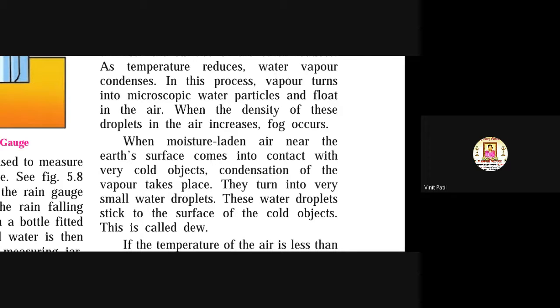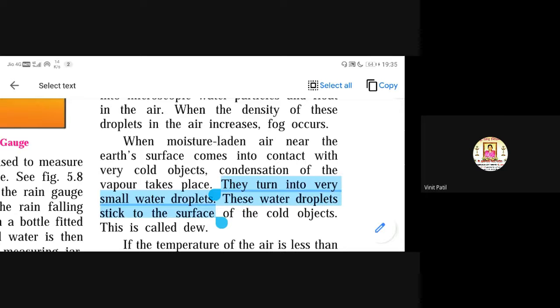And when this moisture containing air gets in contact with these very cold objects, then whatever the moisture is there, it is converted into water droplets. All right, condensation of the water vapor takes place. They turn into very small water droplets.